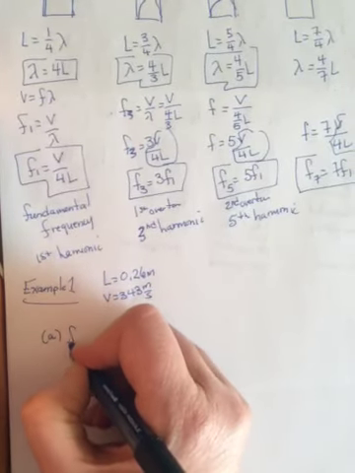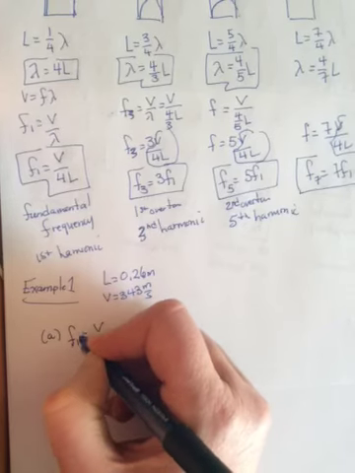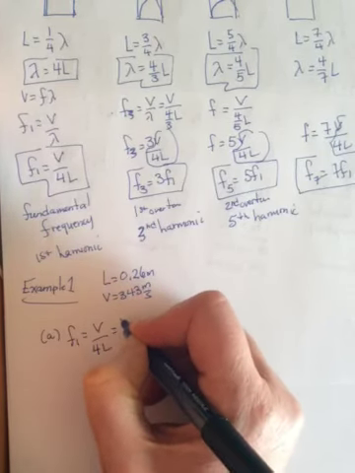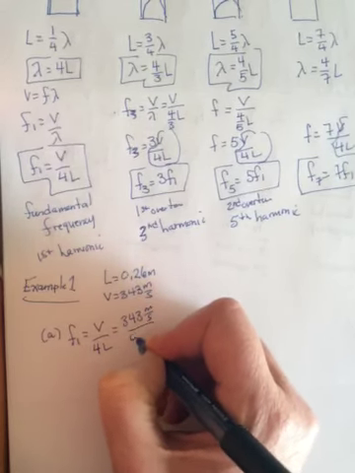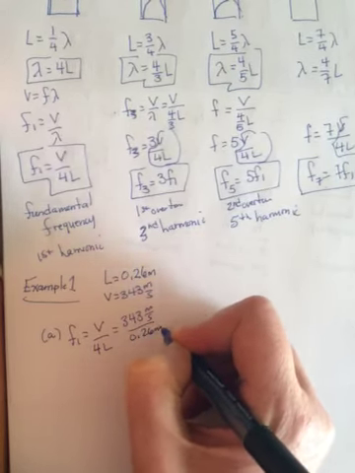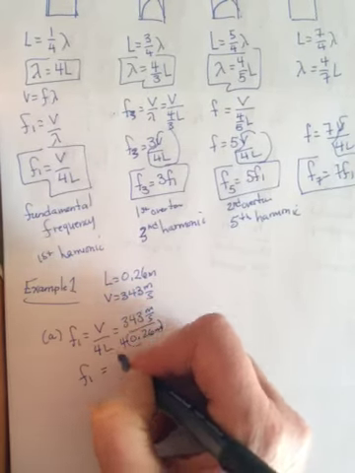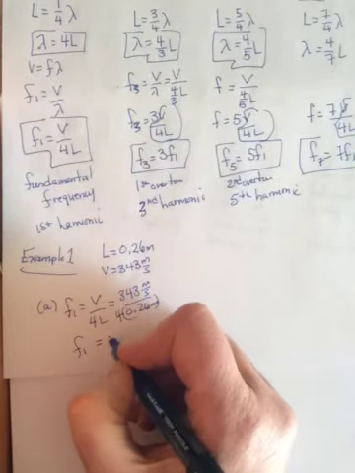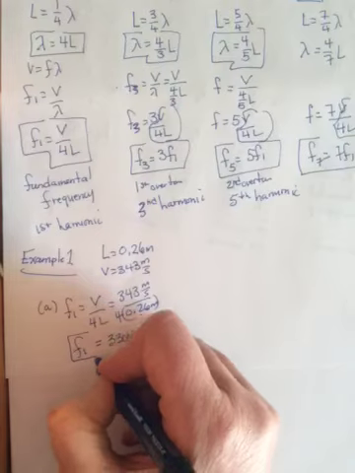In a closed tube, we get the fundamental frequency by doing F1 is equal to V over 4L. So 343 meters per second over 0.26 meters times the 4. And when you do this, you get an F1 of 330 hertz. Okay?